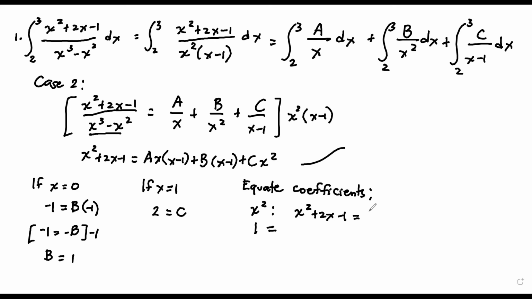That is equal to A multiplied by x squared minus x plus B times x minus 1 plus C x squared. Kukunin natin ang coefficient. Okay, we're going to equate the coefficient for x squared. On the left side, the coefficient of x squared is 1.